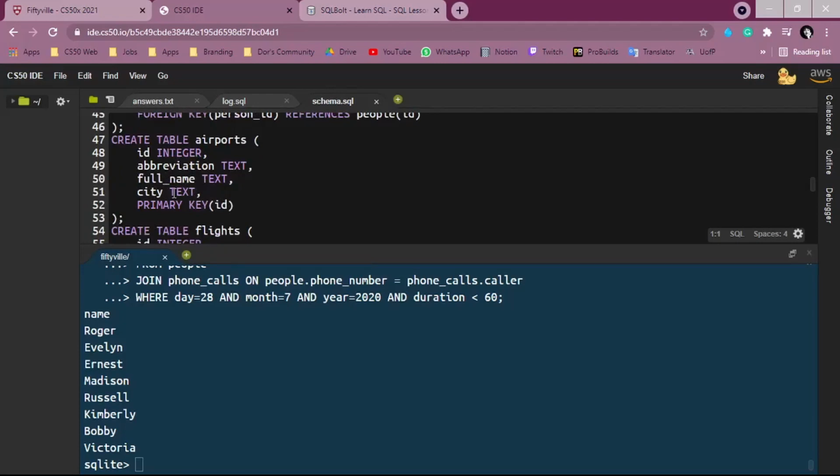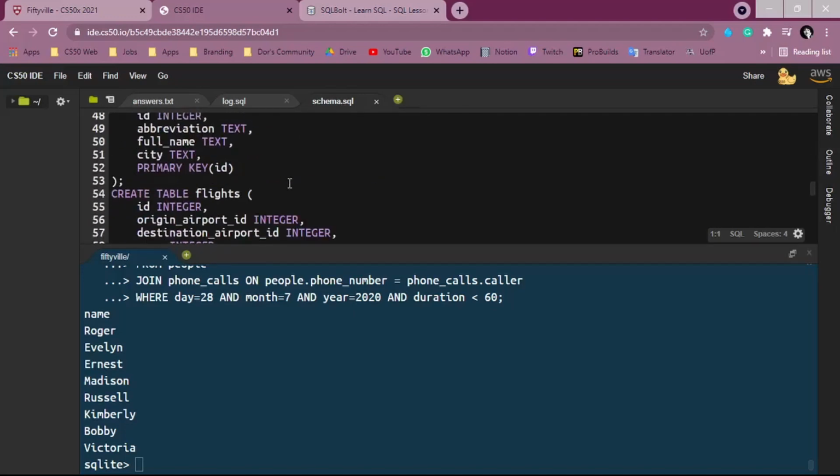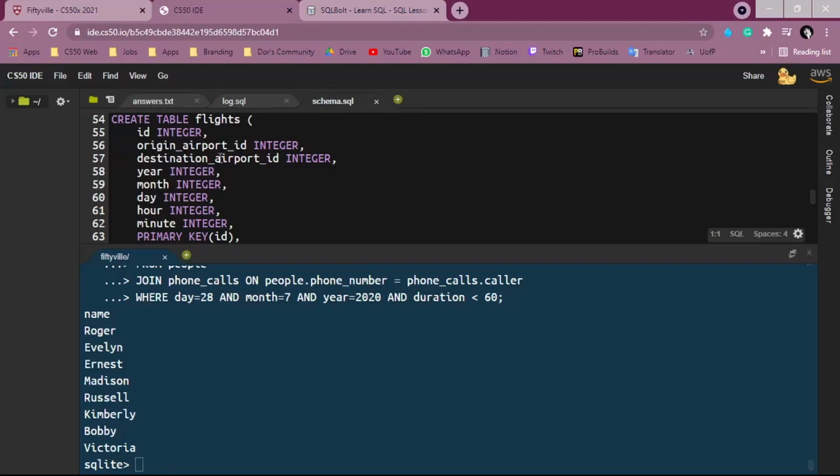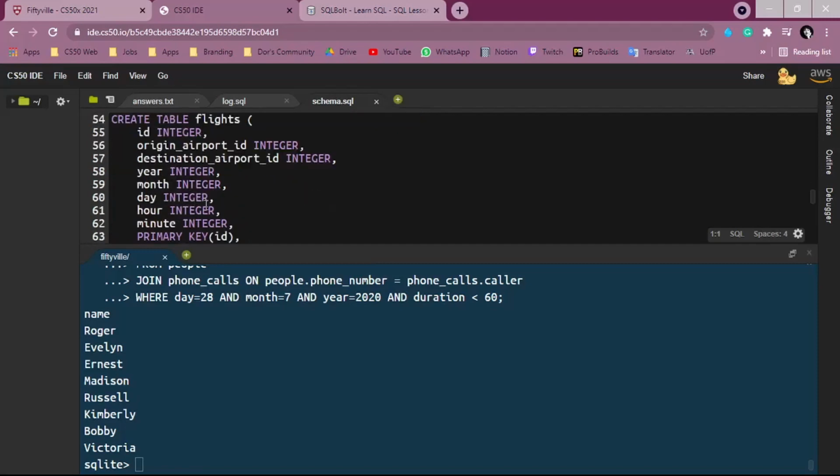And to get this information, we're going to work with the destination airport ID. Where is it? Let me put it here. We're going to use the destination airport ID to match the information with this ID here, okay. And from the flights table we know the year, the month, the day, and we can check the earliest flight on the next day of this fifth here, okay.